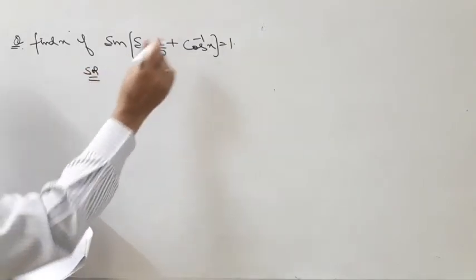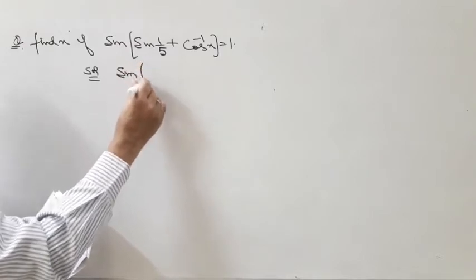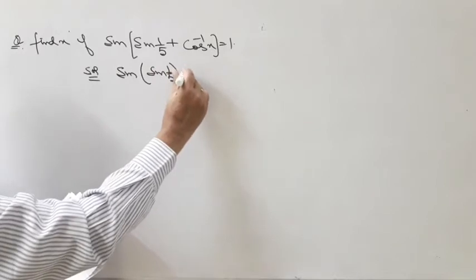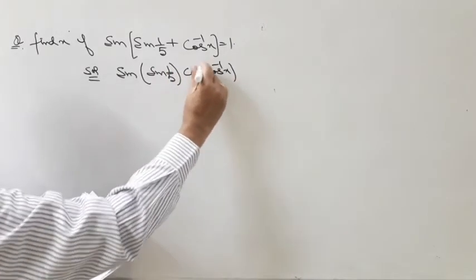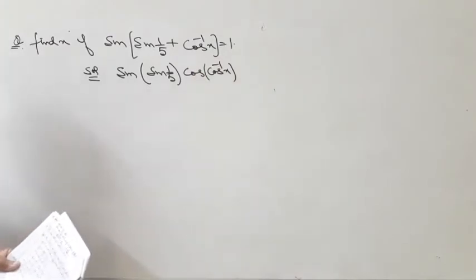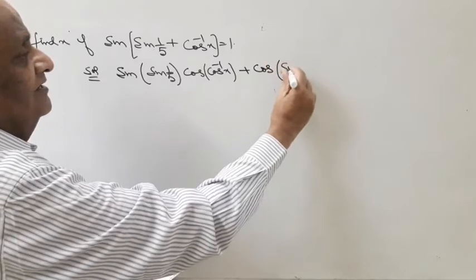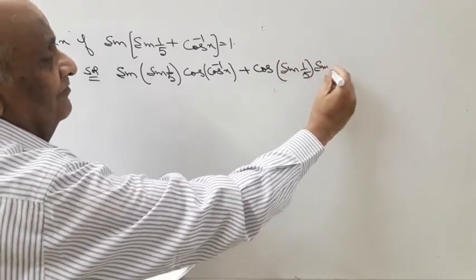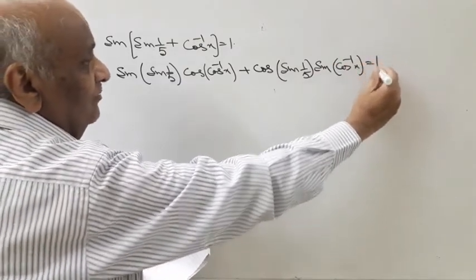It is sine of a plus b. Sine of sine inverse 1 by 5, cos of cos inverse of x, sine a plus b, plus cos of sine inverse 1 by 5, sine of cos inverse x is equal to 1.